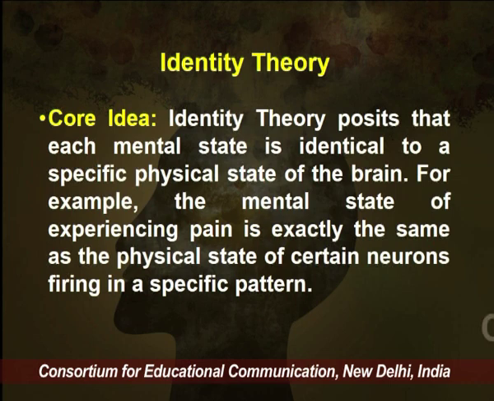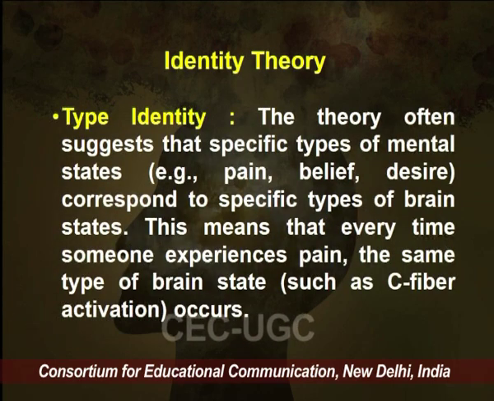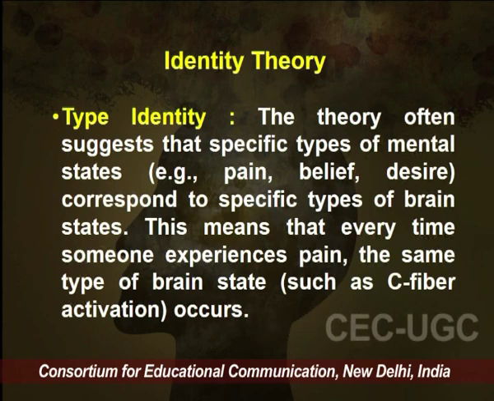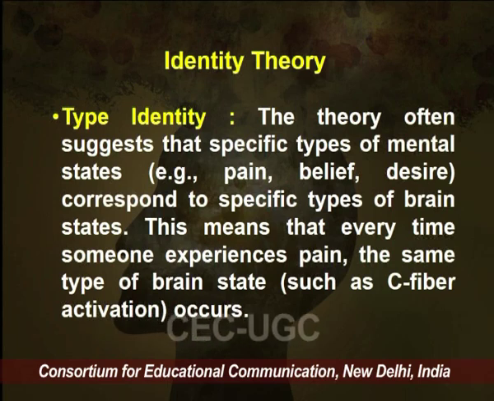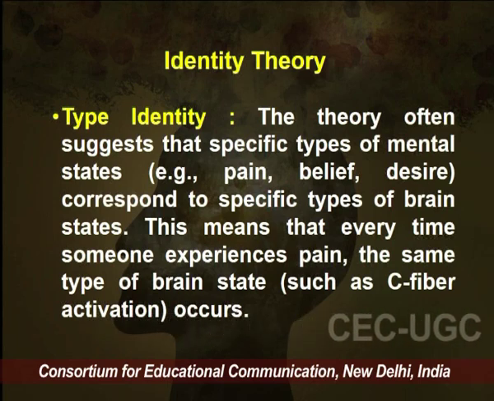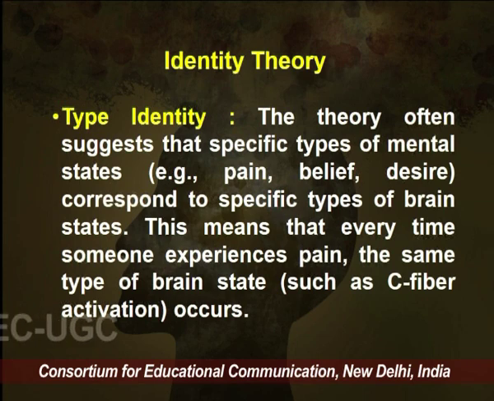For example, the mental state of experiencing pain is exactly the same as the physical state of certain neurons firing in a specific pattern. Type identity. The theory often suggests that specific types of mental states, for example, pain, belief, desire, correspond to specific types of brain states. This means that every time someone experiences pain, the same type of brain state, such as C fiber activation, occurs.